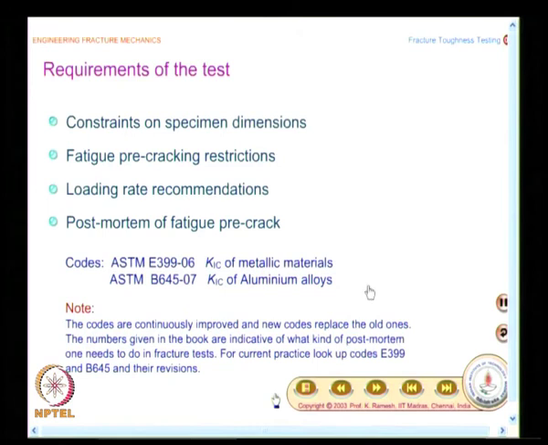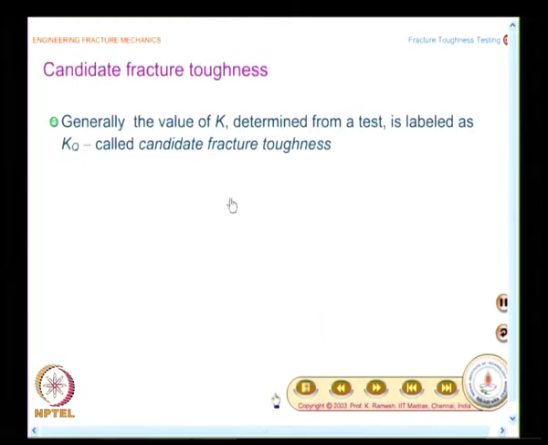So, certain aspects of whatever we discuss may get outdated or may remain, only time will say. And you also have another concept called candidate fracture toughness. So, that means when I perform a fracture toughness testing, at the end of the test whatever I get is labeled as KQ, which is called candidate fracture toughness.